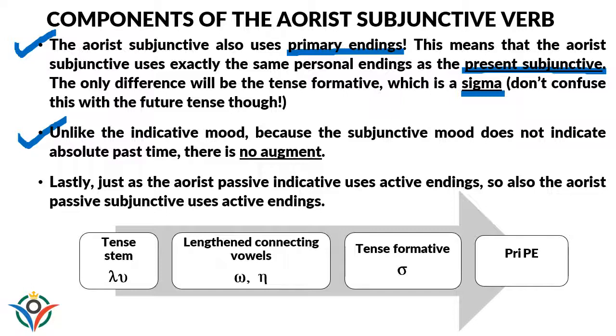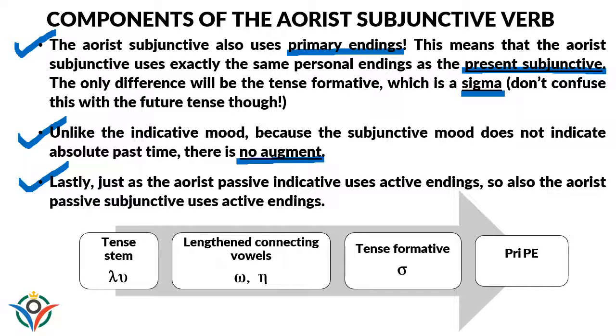Then, unlike the indicative mood, because the subjunctive mood does not indicate absolute past time, there is no augment. And then lastly, just as the aorist passive indicative uses active endings, so also the aorist passive subjunctive uses active endings.